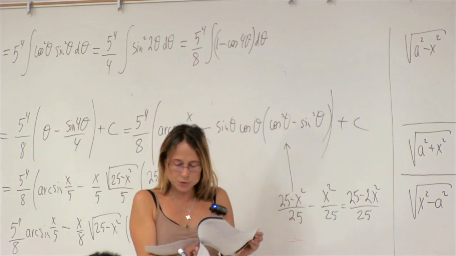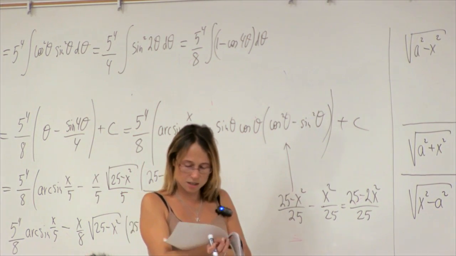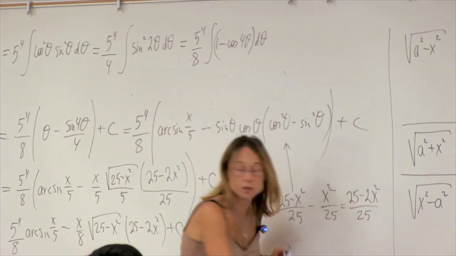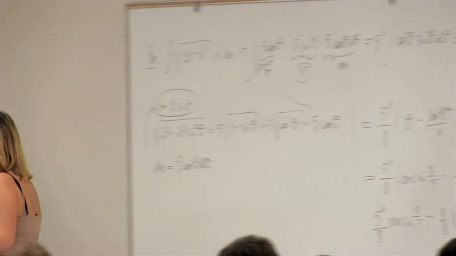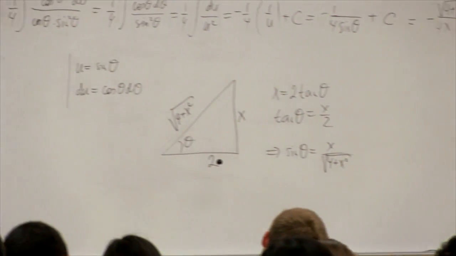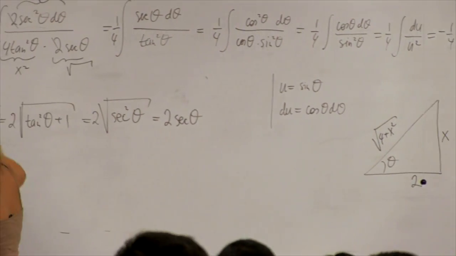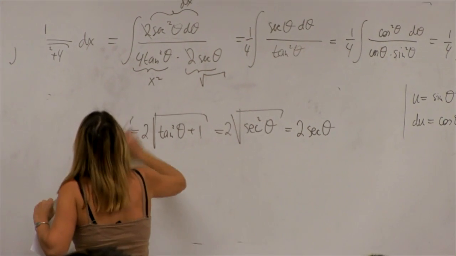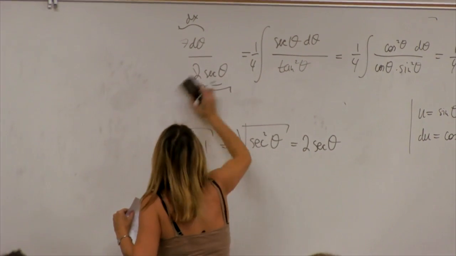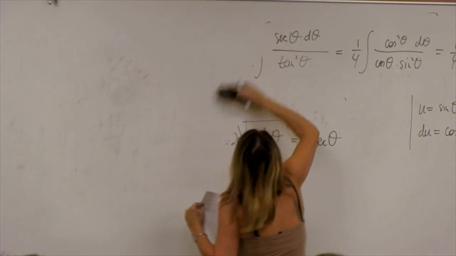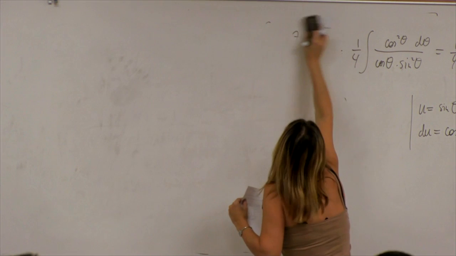But I'd rather explain to you something slightly different. Okay, so let's look at the last example. Which doesn't look like this, okay? But it has the same pattern hidden inside.